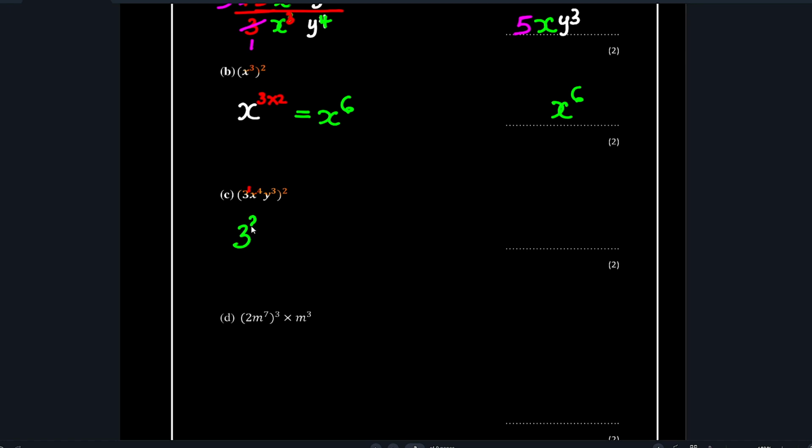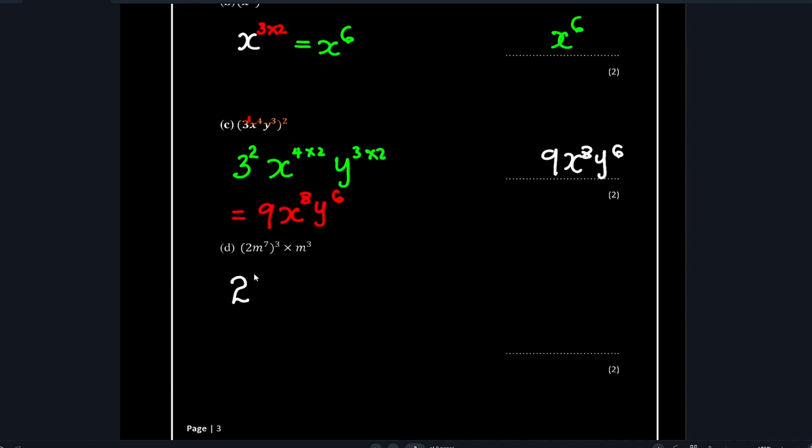And which means that we are going to have 3 power 2, x power 4 times 2, that will be 8, and y power 3, that is 3 times 2, that's going to be 6, and this is going to simplify to 9 x power 8 y power 6, and we transfer that here to make the examiner happy.